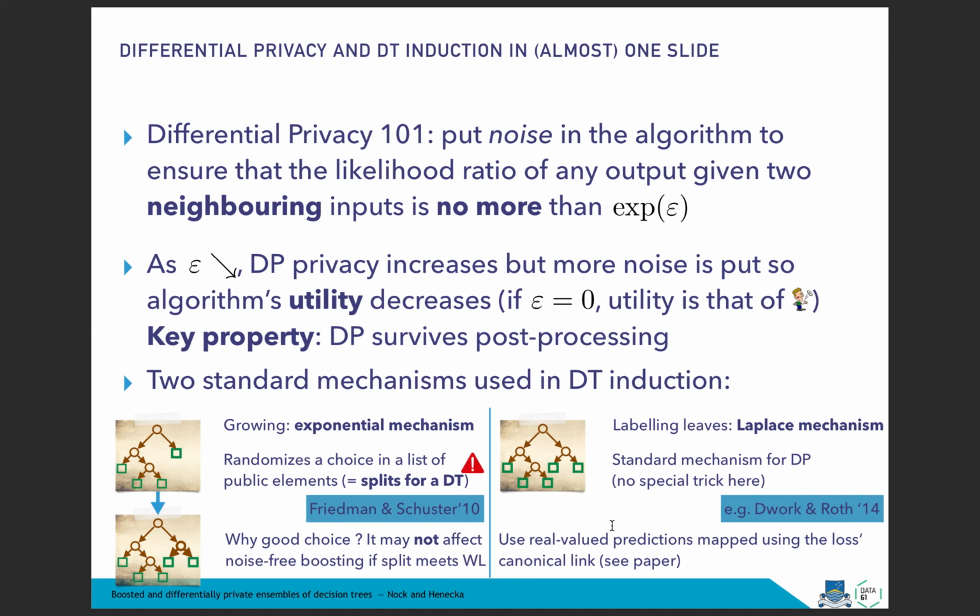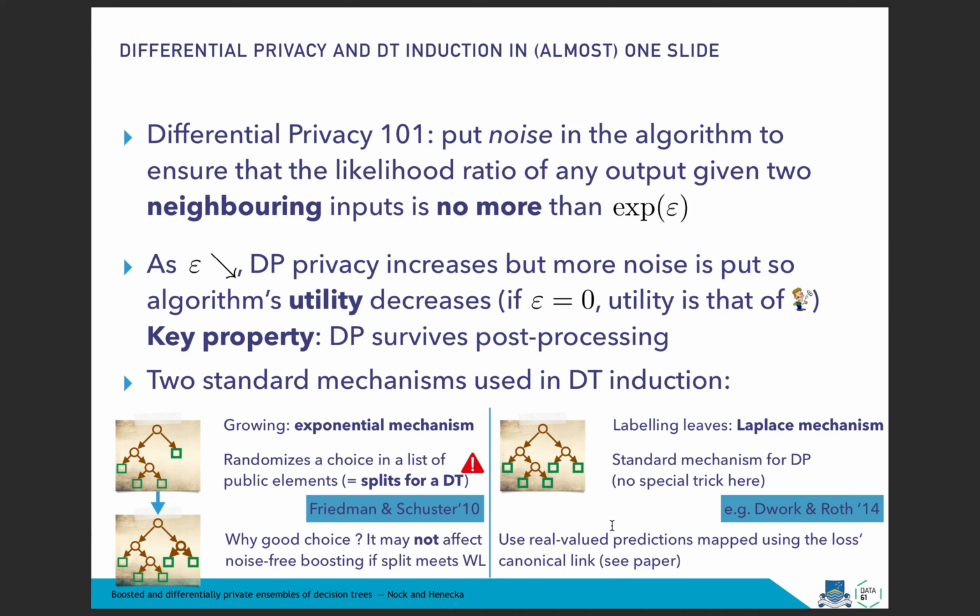There are two standard mechanisms of differential privacy used in decision tree induction that we have used as well, by the way. The first one is the exponential mechanism, which randomizes a choice in a list of elements, a list which can be public. This could be the set of splits for attributes in a decision tree. If the splits are binary, then it's obvious that it is a public set.